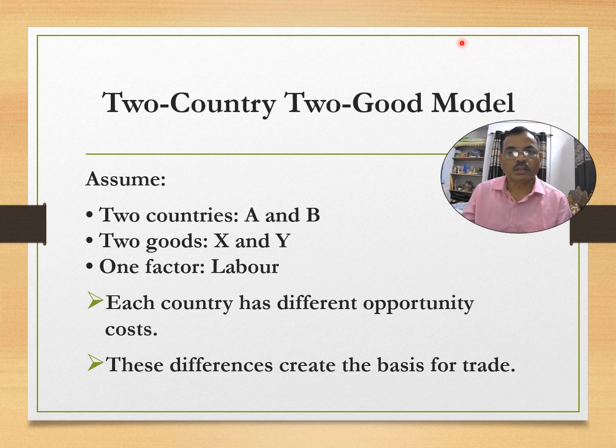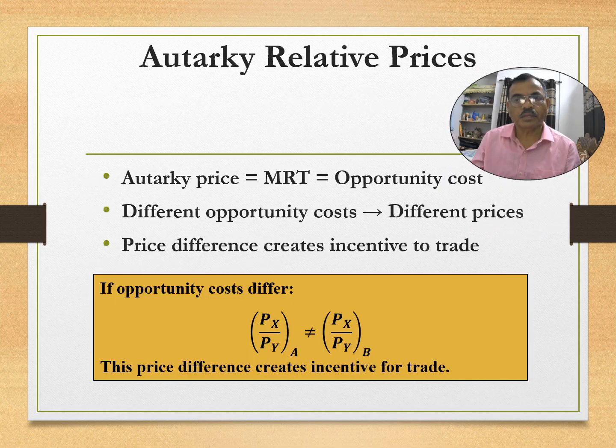But remember something important from our previous lecture. In a closed economy, equilibrium occurs where the marginal rate of transformation equals the marginal rate of substitution.